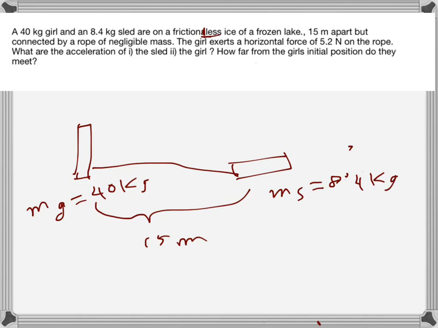We need to find the sled's acceleration, the girl's acceleration, and how far from the girl's position do they meet. It should be an apostrophe there, girl's position. There's a misspell there as well, so whatever. These three we need to find.